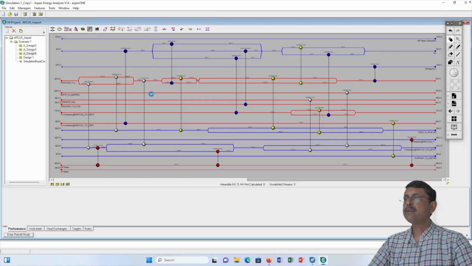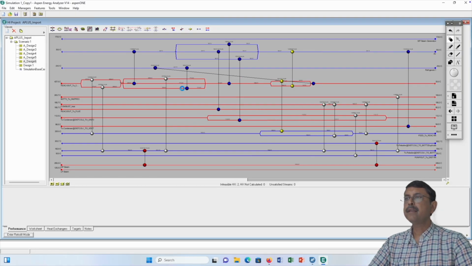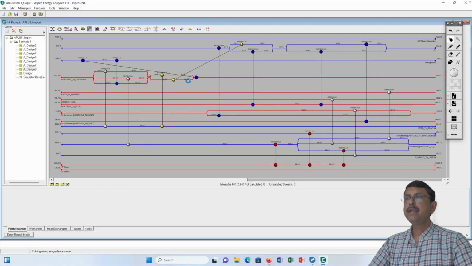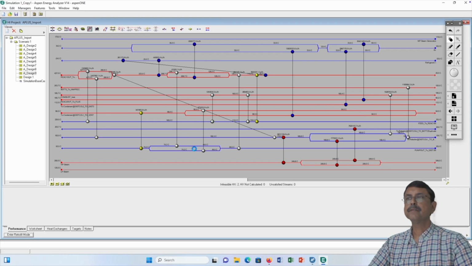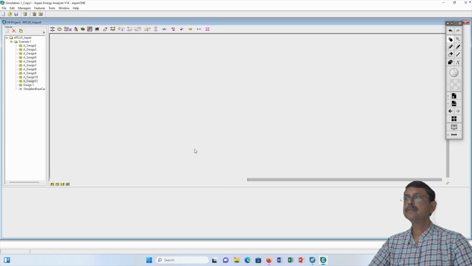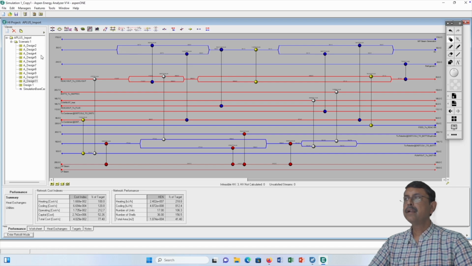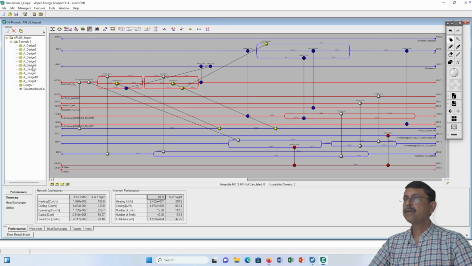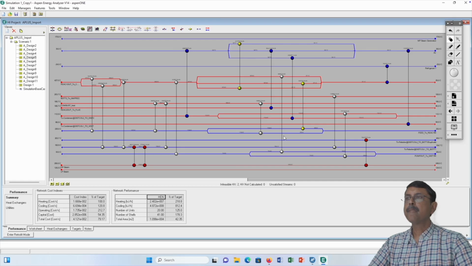And each one of them, you can see, each design is different. So that way, 10 designs are given over here. You can choose any one of those designs. Suppose you choose the design 5, and these are the heat exchanger points.